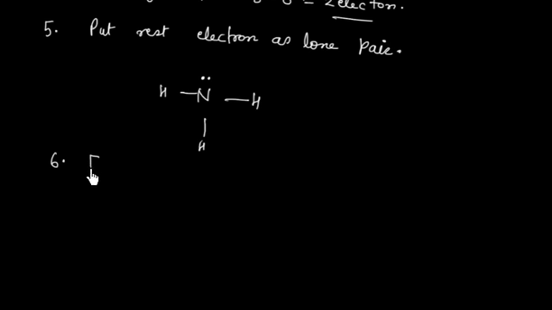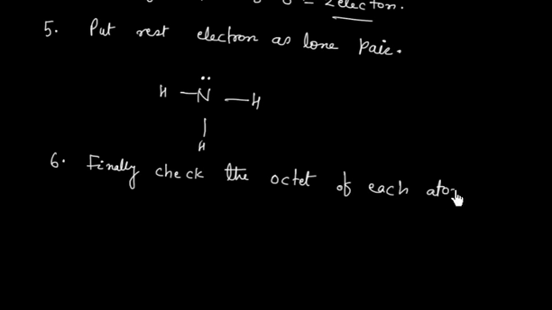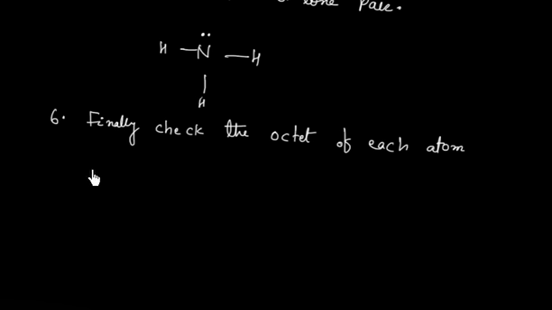Now finally, check the octet of each atom. For hydrogen, check the duet, because hydrogen can have a maximum of 2 electrons.